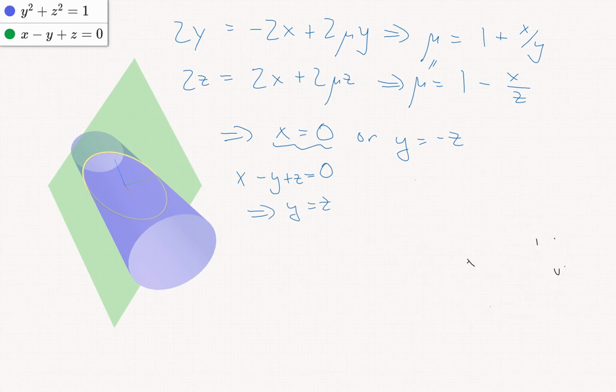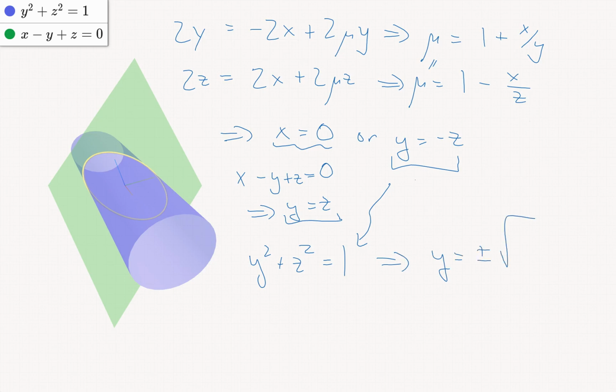And since y squared plus z squared equals 1, actually, maybe I should say, in both of these cases, so y equals z and y equals negative z, since we've got y squared plus z squared is equal to 1, in both cases we'll have y is plus minus 1 over root 2.